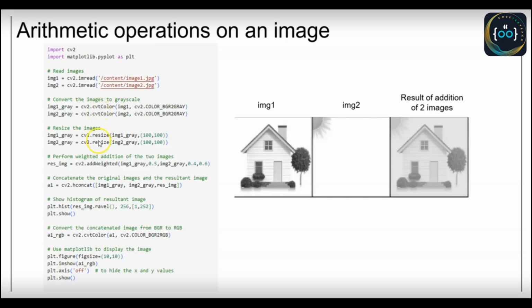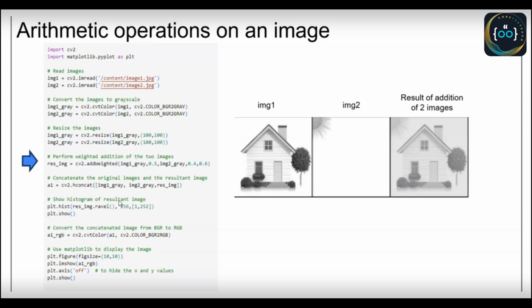We then resize the images using CV2.resize for optimal processing. We will use the CV2.addWeighted function, which is a weighted sum of the images, a linear blend. The addWeighted function takes in two images, assigns a certain weight to each image, and then adds them together.